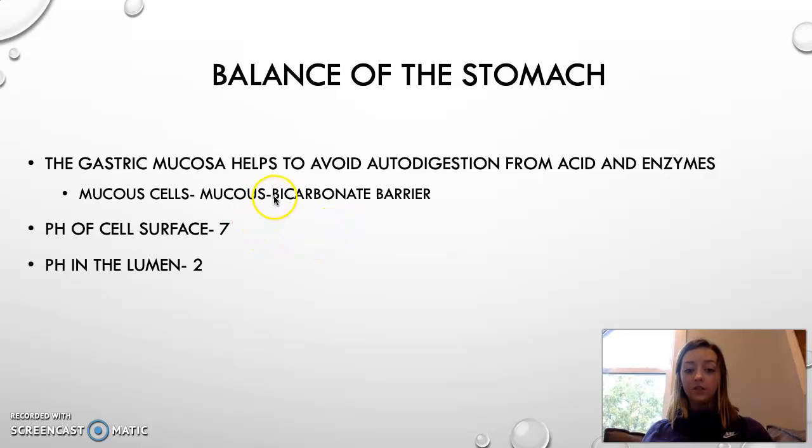I also found it interesting in the reading of Silverthorn that the pH at the cell surface is 7, which is not what you would expect in the stomach, and the pH in the lumen is 2, which is what we would expect because there is hydrochloric acid and all these other acids being produced in the stomach. So this pH difference is a lot of what keeps the cell surface and all these other important cells for digestion from being autodigested.